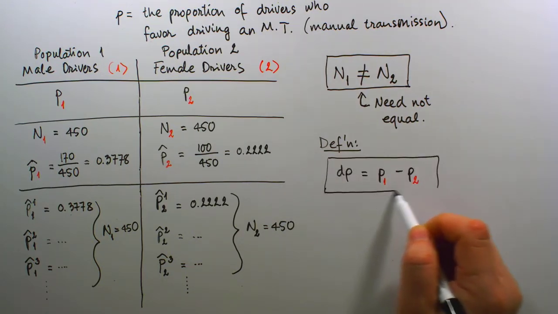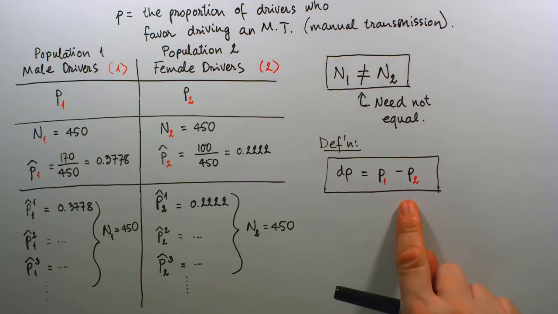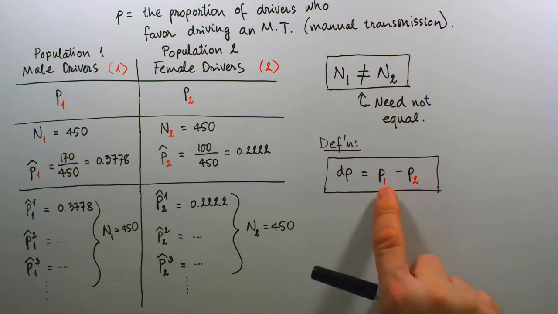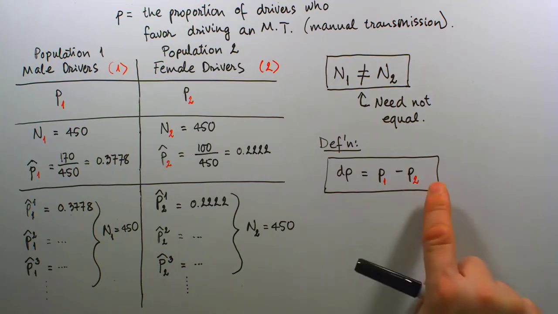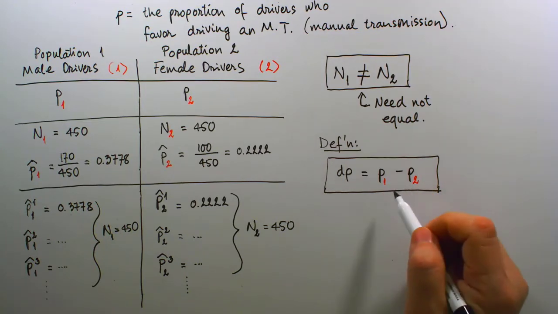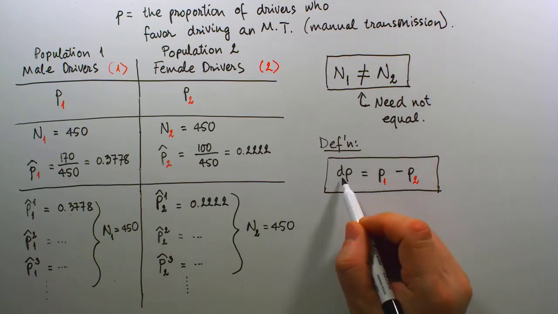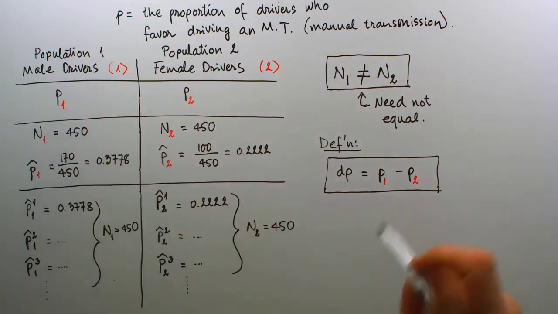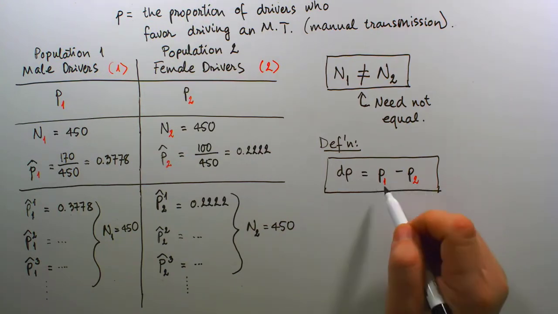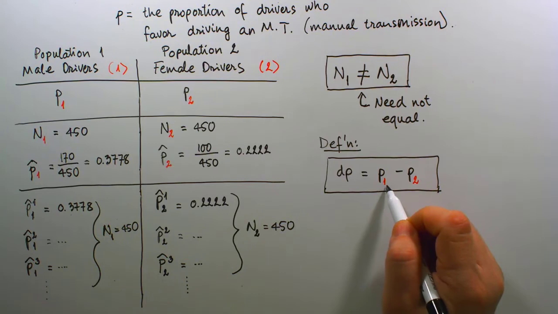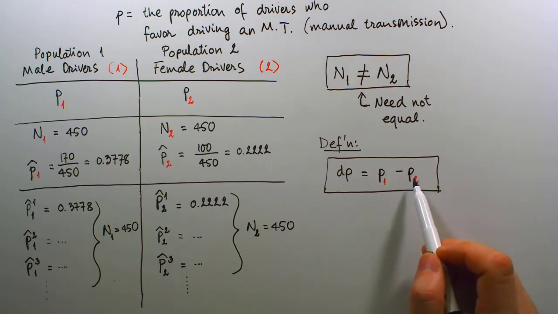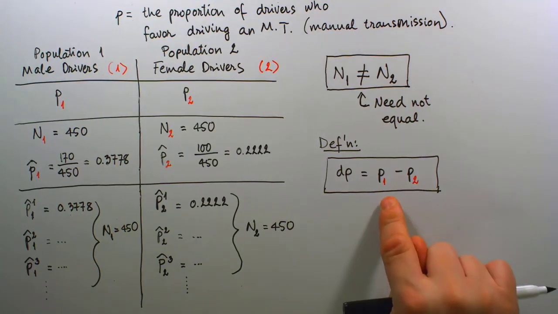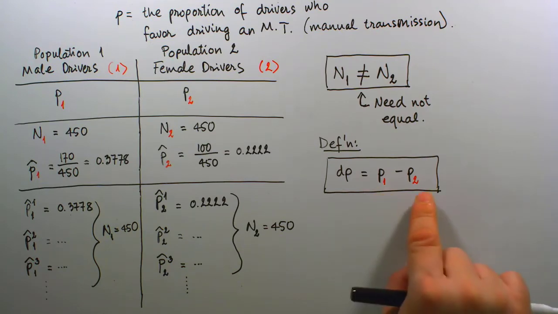But now after I put this definition in a box, I want to emphasize that the reason I changed the ink color of the two subscripts here from originally black to now red ink is because I want to emphasize the fact that dP, the difference in the two population proportions here, is permanently defined as the population proportion from population 1 subtract the population proportion from population 2, regardless of who's playing the role of P1 and who's playing the role of P2.